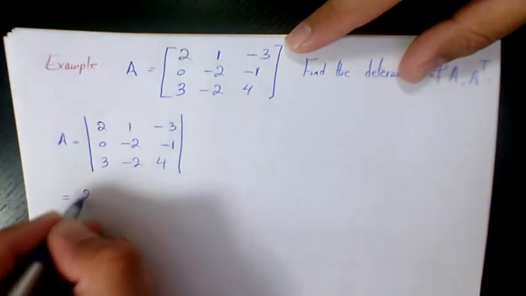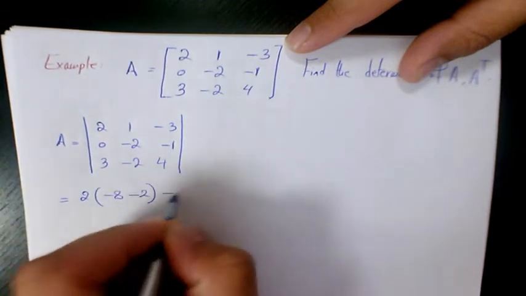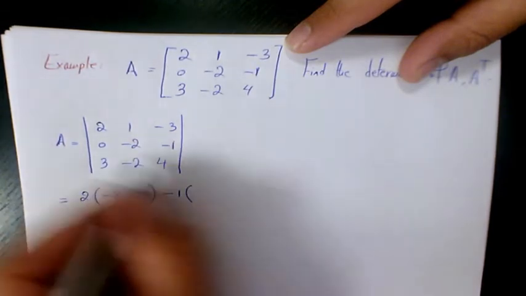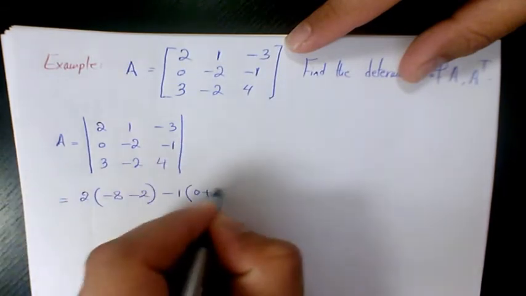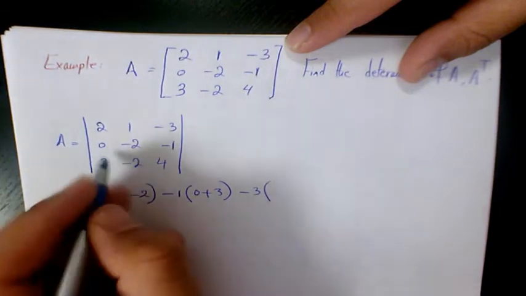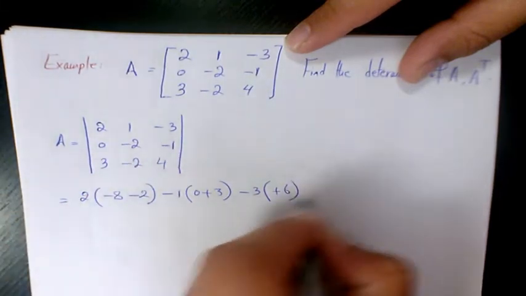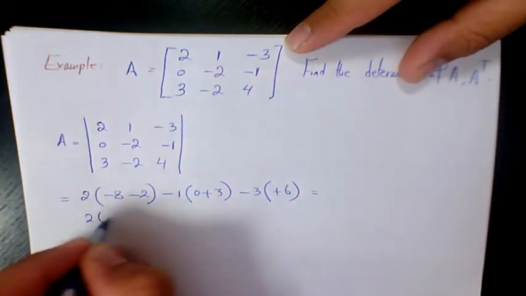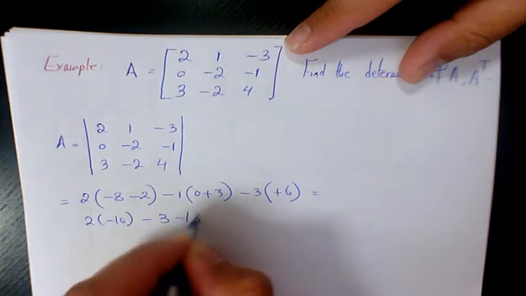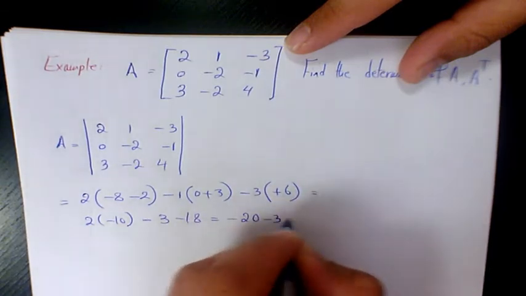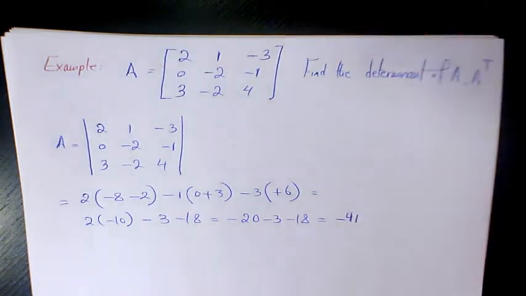That's going to be 2 times negative 8 minus 2, minus 1 times 0 times 4, which is 0, minus negative 3, which is positive 3, minus 3 times 0 times negative 2, which is 0, minus negative 6, which is positive 6. So that's going to be 2 times negative 10, negative 3, and here negative 18. So it's negative 20 minus 3 minus 18, which is negative 41.